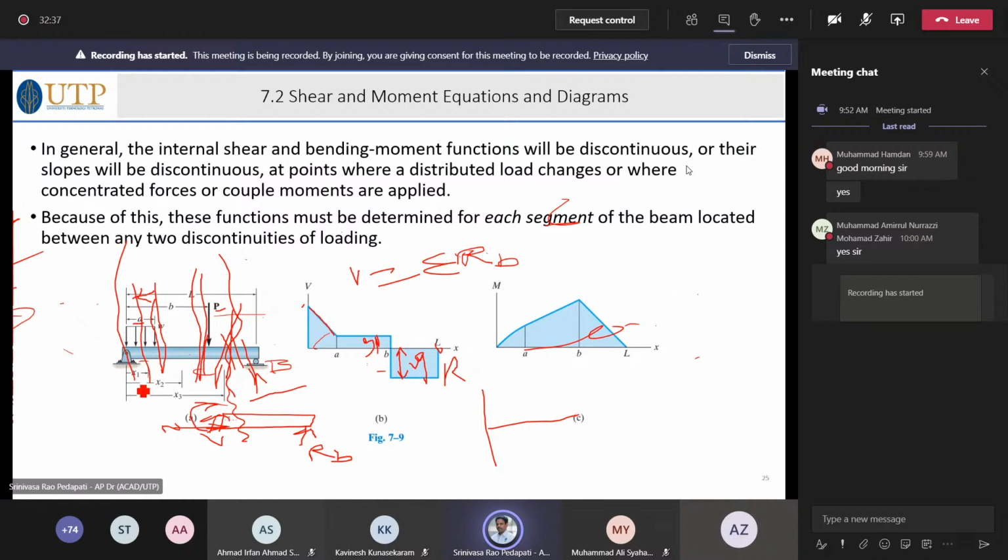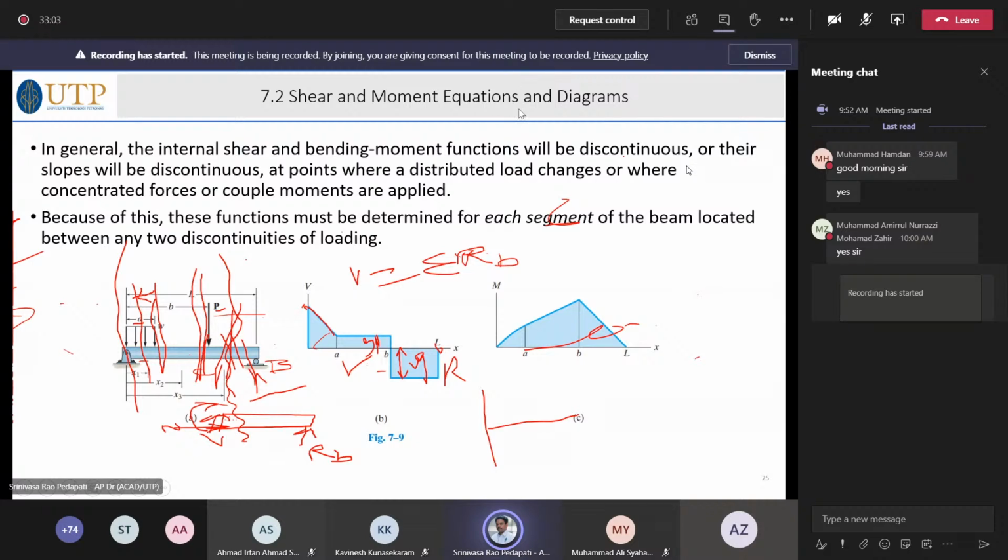At the end, the net force is minus 9 kilonewtons plus 12 kilonewtons plus whatever ax is. So this is a shear force diagram. What is a shear force diagram? It is the net force.